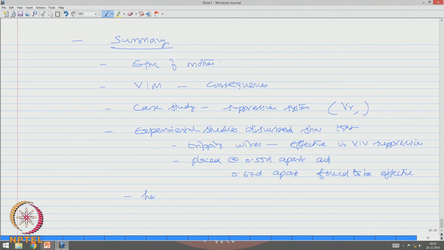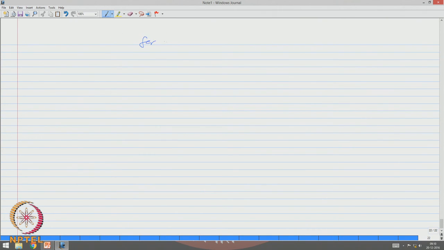For the helical strakes or the helical wires placed around the body, it is seen that for a pitch of 10 times the diameter, the response suppression, or I should say the response reduction, is seen to be maximum.